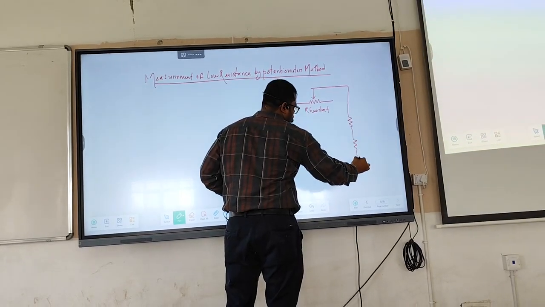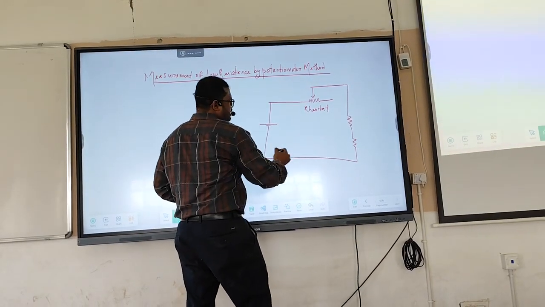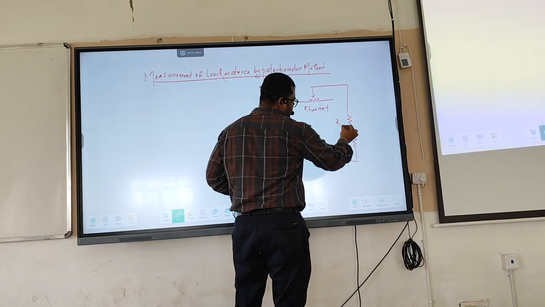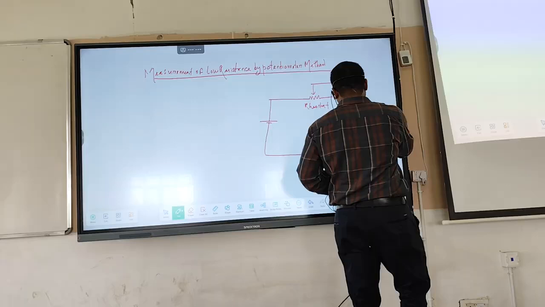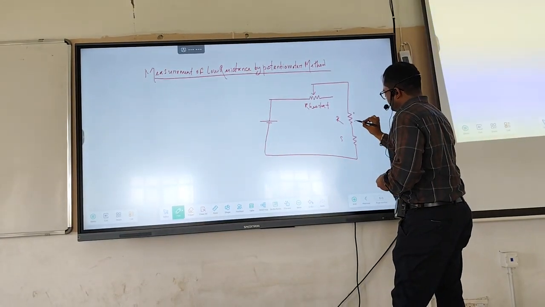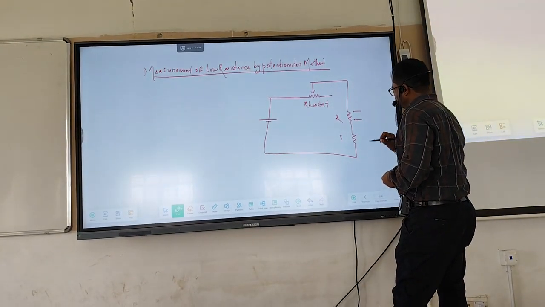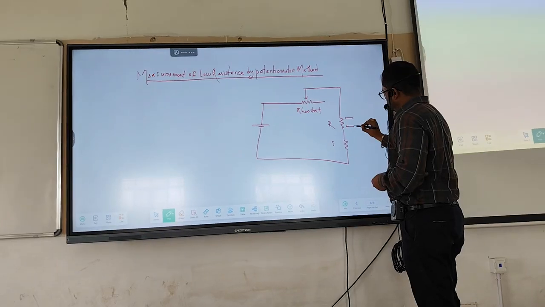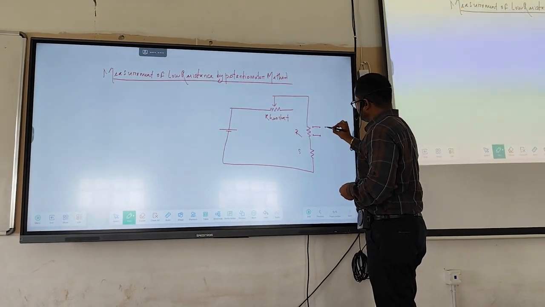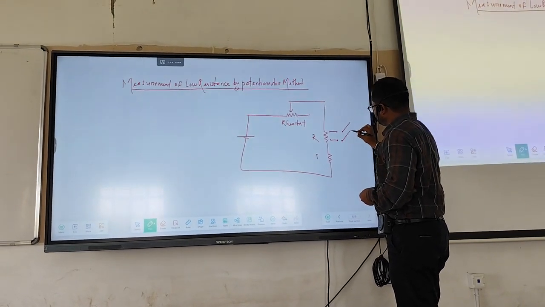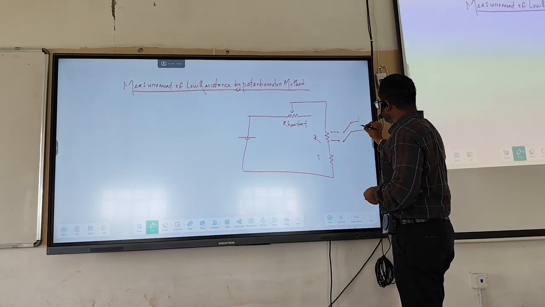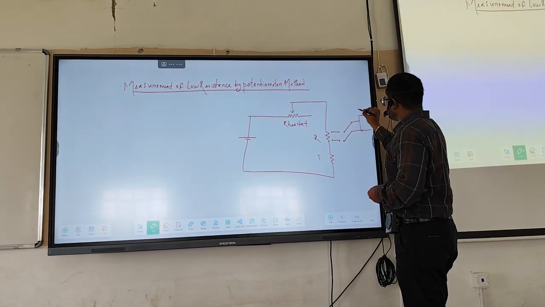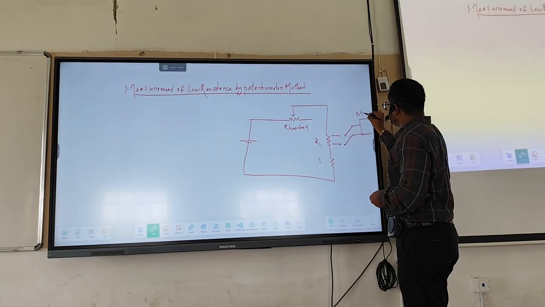There are two values, one let's call R, and one is called S. Here there is a switch, and this switch is connected with the potentiometer.